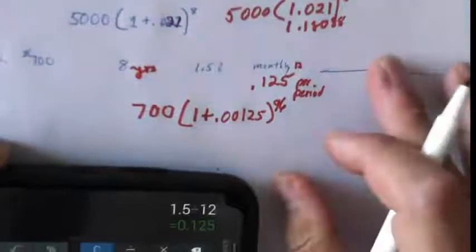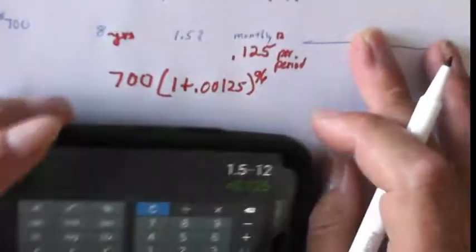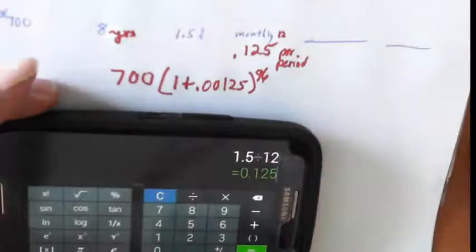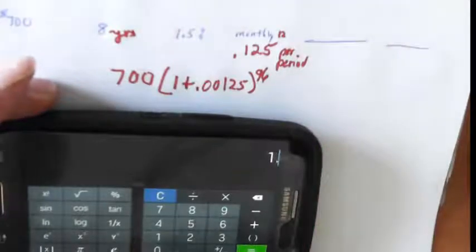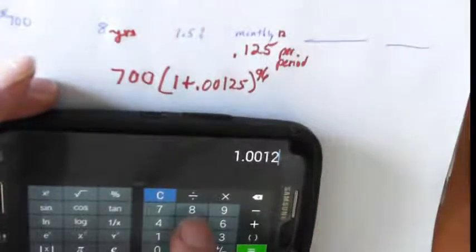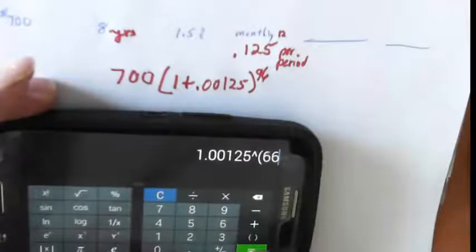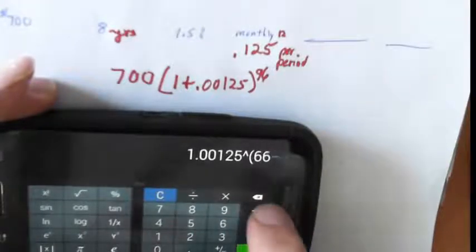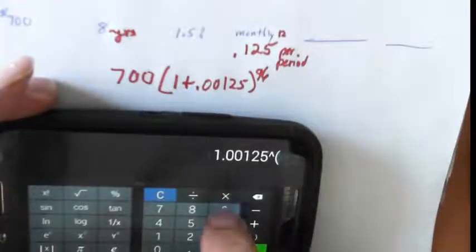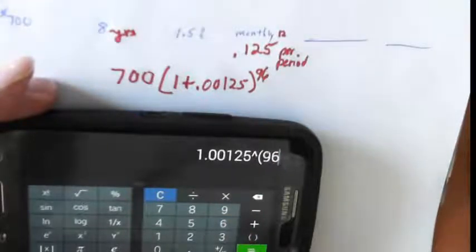So it's a good thing we can do that on the calculator, because we sure don't want to do that longhand. So we have 1.00125 y to the x, 96. Oops. Fat fingers. 96 equals.